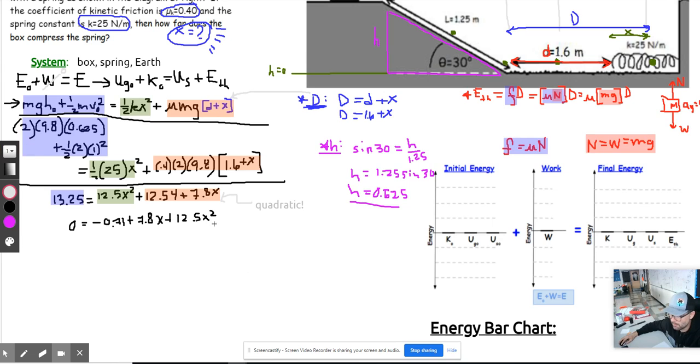When I graph this, the y versus x graph goes something like this, and this is at 0.08, which is equal to x. That's my answer.